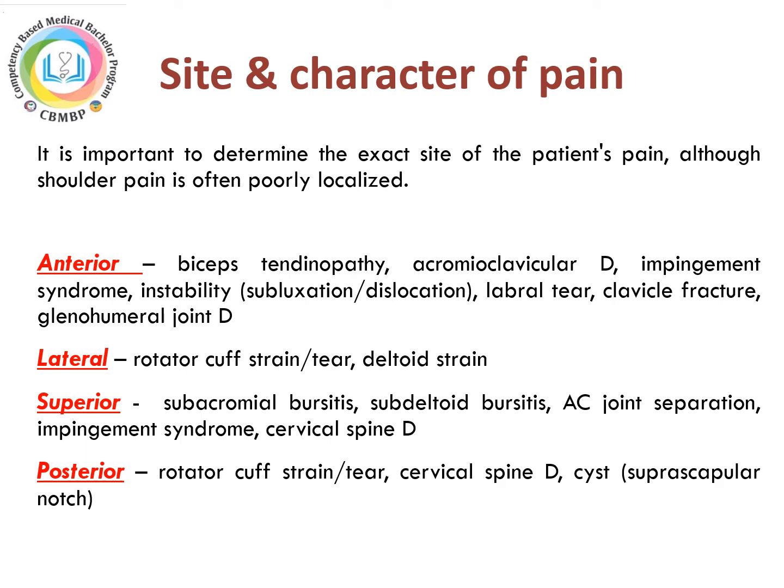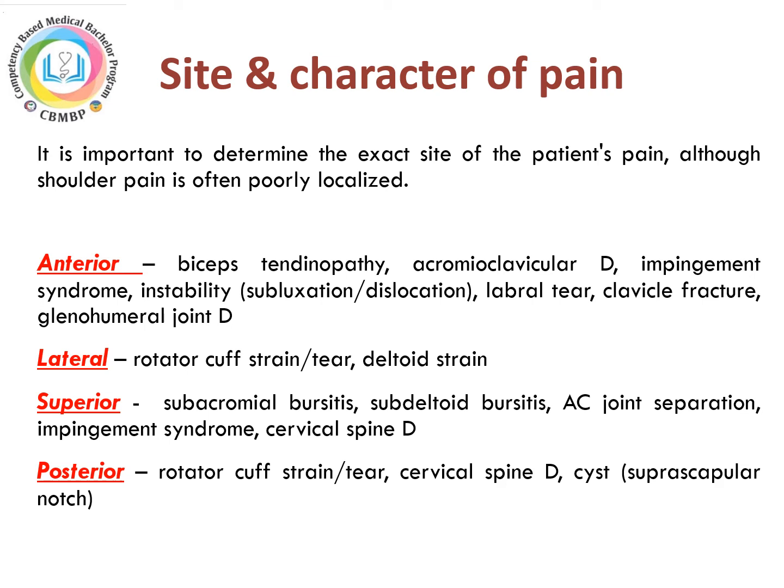What about the site and character of pain? It is important to determine the exact site of the patient's pain, although shoulder pain is often poorly localized. But when the patient is complaining of anterior shoulder pain, you should consider bicipital tendinopathy, acromioclavicular dysfunction, impingement syndrome, instability or subluxation dislocation of the joints, labral tear, clavicular fracture, or glenohumeral joint disease.